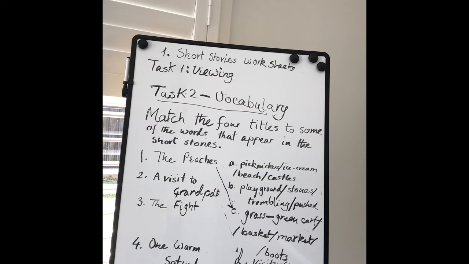Let's move to B. So B says playground, that means schools. Playgrounds in schools. Grandpa's house cannot have stones, maybe, but not many. And trembling. Grandpa is always loving and caring most of the time, or grandma.